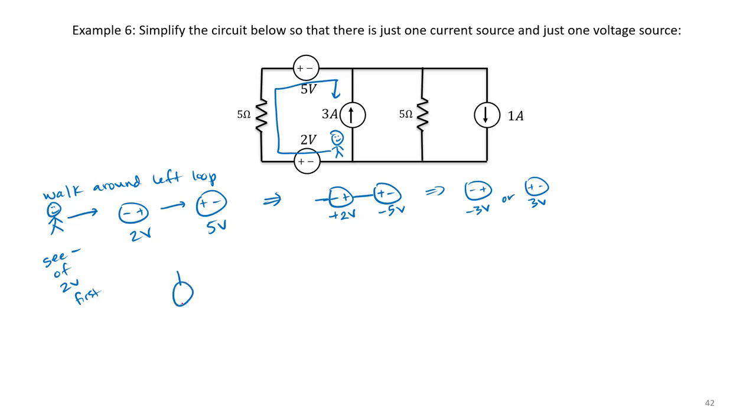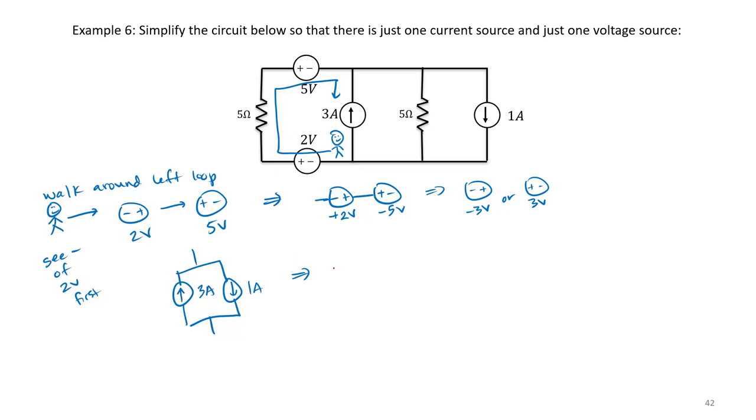I can do a similar approach with my current sources. So I see, in this case, I have my 3 amp source, and it's in parallel with a 1 amp source. The directions are opposite.